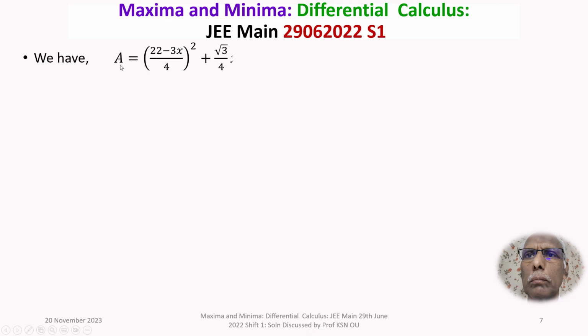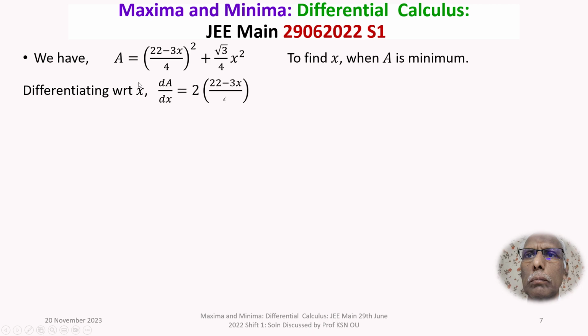We have capital A is equal to ((22 minus 3x) by 4) whole square plus root 3 by 4 x square, and our job is to find x when A is minimum. To talk about maxima minima, we differentiate A with respect to x and equate it to 0 and find the critical points.